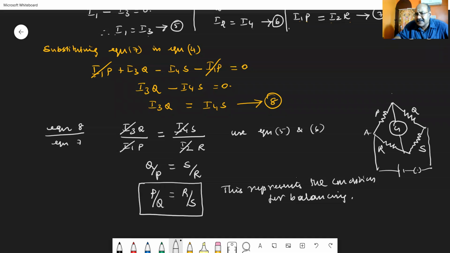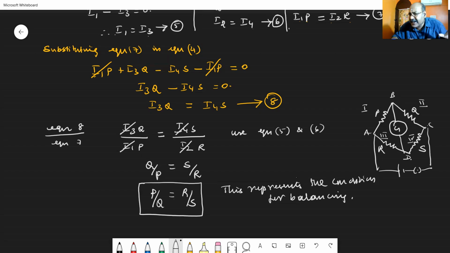So this is A, this is B, this is C, and this is D. See, the path in which the P is available, that is called the first arm. Then this one is called the second arm. Then this one is taken to be the third arm. And this one is taken to be the fourth arm of the bridge.